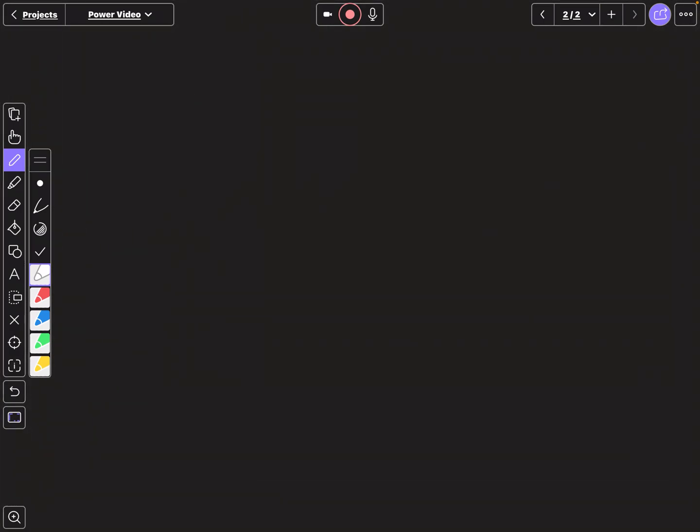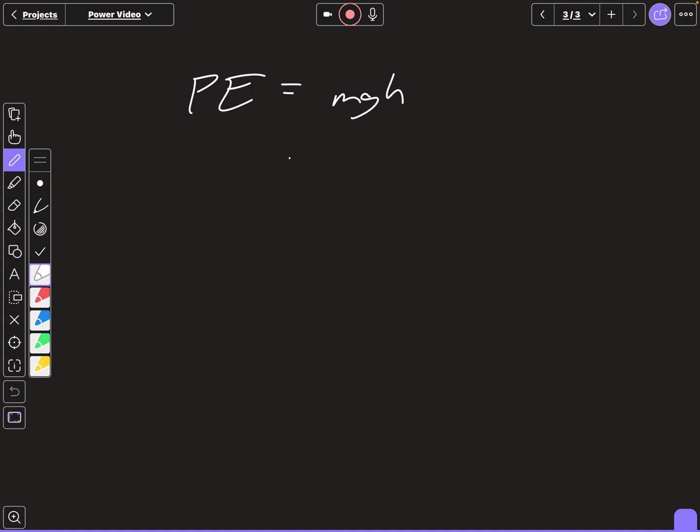Now, also we talked about potential energy. It is stored energy, and we use the same equation, mgh, to solve for it. So pretty much work is equal to energy, or the change in energy. We can use the same equation for that, where m is your mass, g is 9.8 always, h is your height.